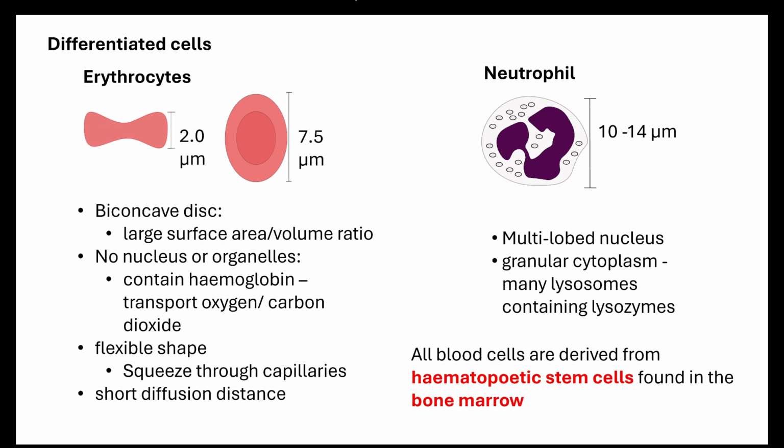Your neutrophils actually have a much shorter lifespan. They only last about 6 hours. And so these hematopoietic stem cells have to be able to go through mitotic division and then that differentiation process to produce the erythrocytes and the neutrophils.